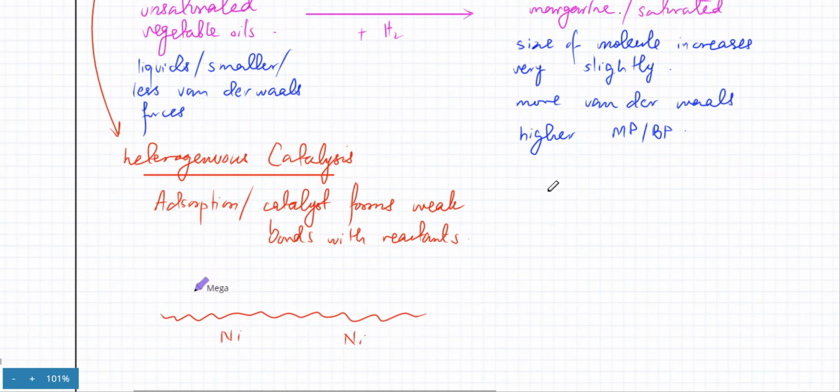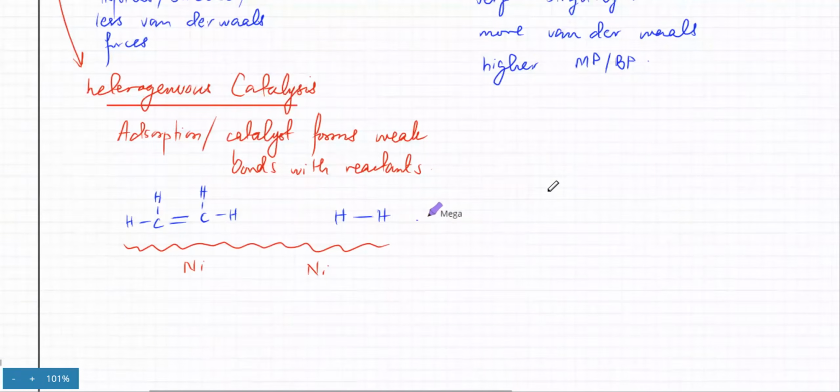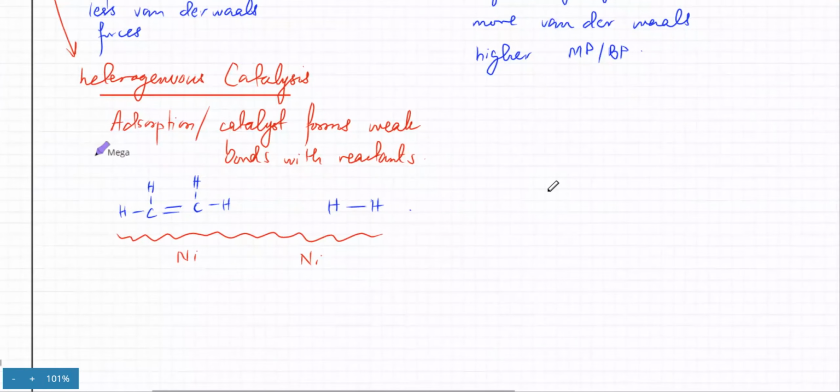And you have this reaction happening where you have a double bond, and you have H2 molecules, right? Now, transition metals have this property that they attract electrons very, very slightly. So the electrons in the bonds are going to get attracted to the catalyst.